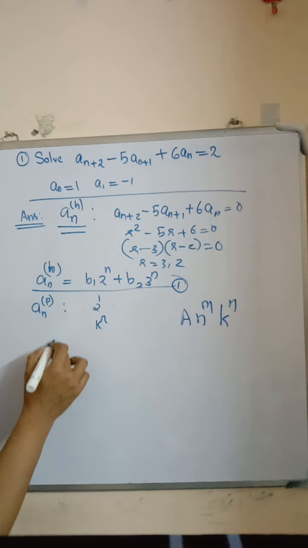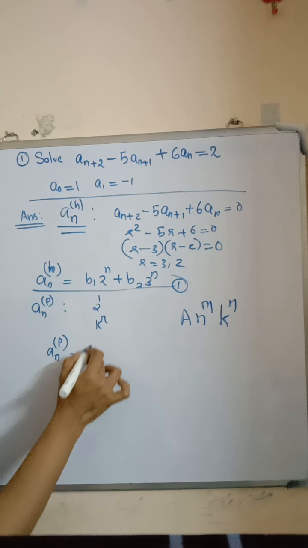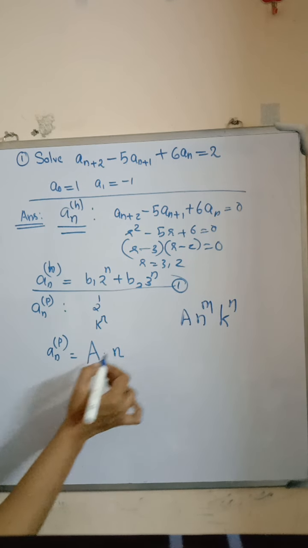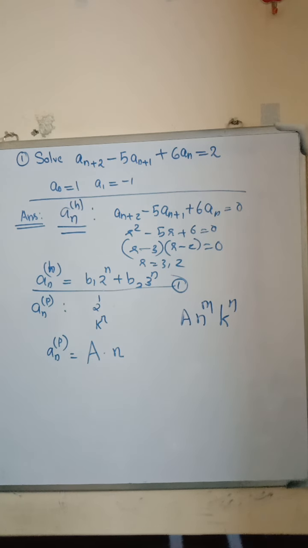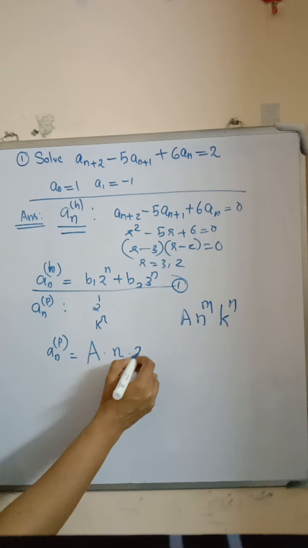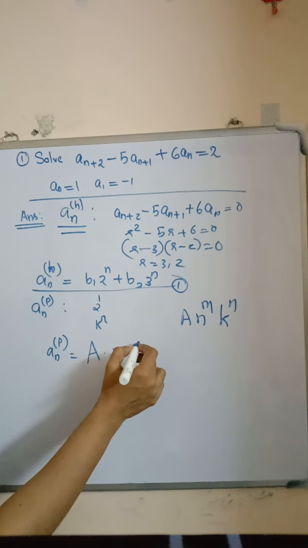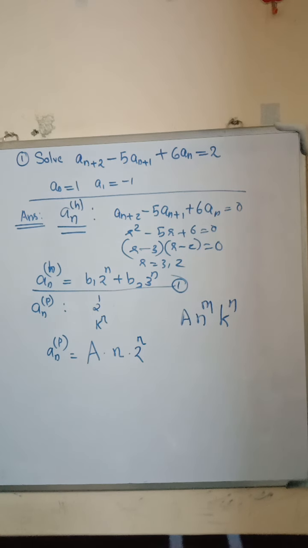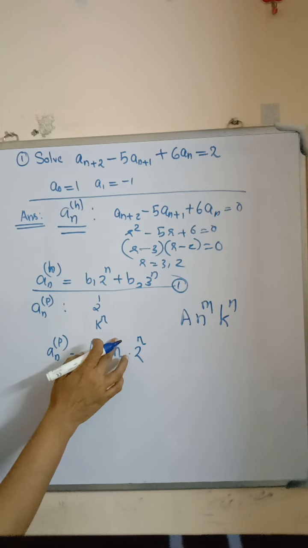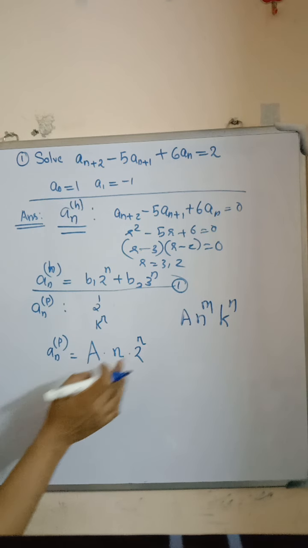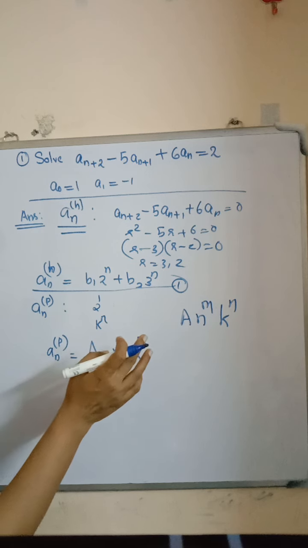So an p, the particular solution, is a into n raised to, here the multiplicity is 1, so a n raised to 1 into 2 raised to n, where k is 2.